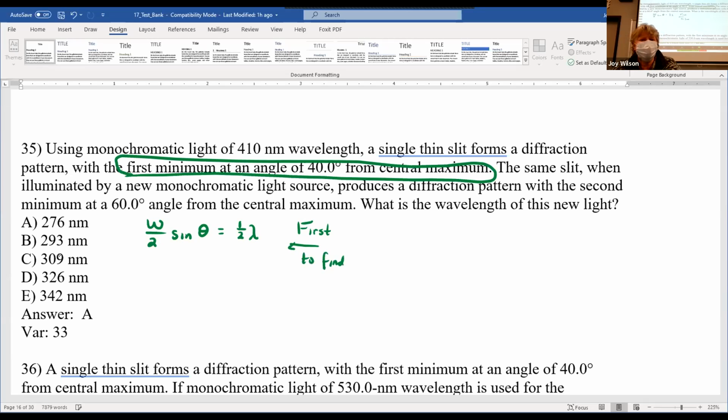because what I need to find is the slit width. So I'm going to do that. W over 2 sine of 40 equals 1/2 of 410 times 10 to the negative 9th. So the halves cancel out. I don't know what the sine of 40 is right offhand.